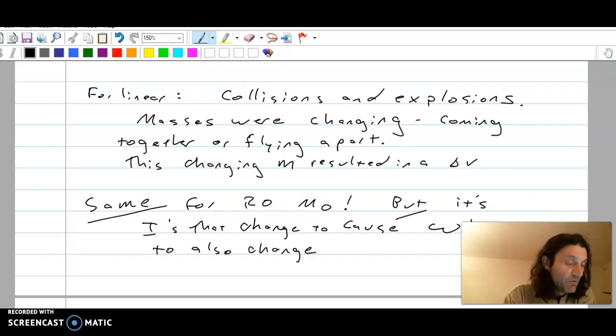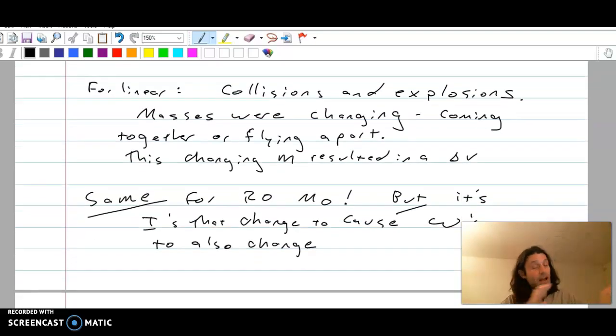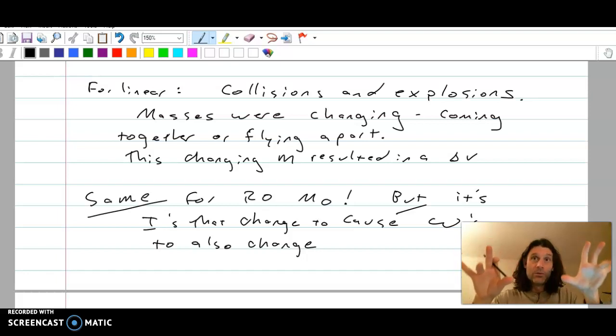Some things to remember: when we talked about collisions, things are happening in straight lines. Things were banging into each other, or things were flying apart, collisions and explosions. So masses were changing. If two items come together, their masses combine. That's an increase in m, which typically corresponds to a decrease in velocity. The opposite is true also. If two items are stuck together and they explode and fly apart, then they're losing some mass from the mass whole, and they each have their own respective velocities.